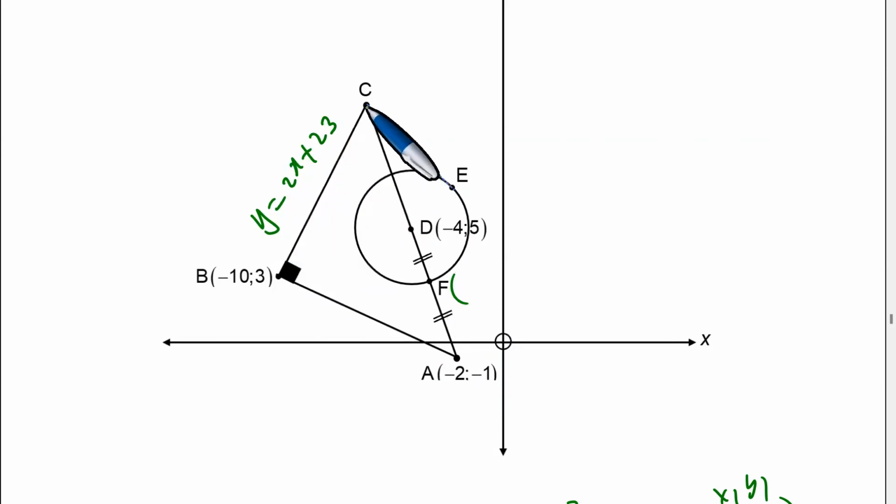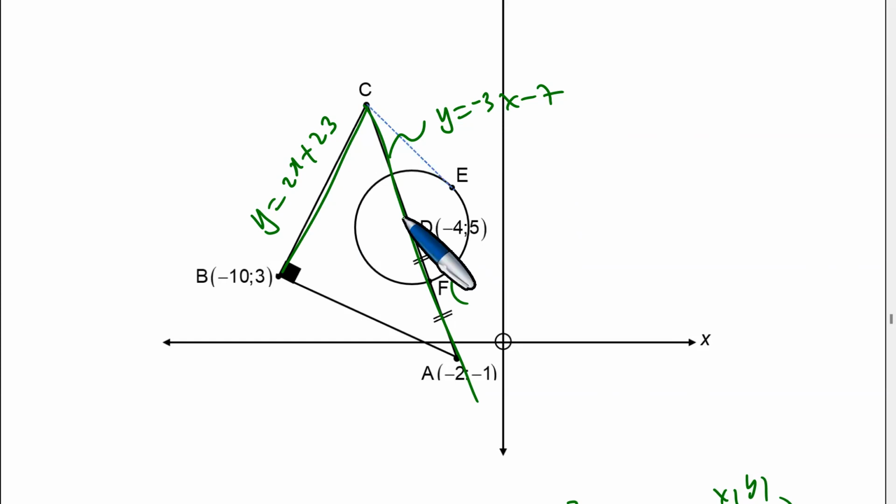And we also found the equation of this line, the line AC, to be y equals minus 3x minus 7. So these two lines intersect at C.